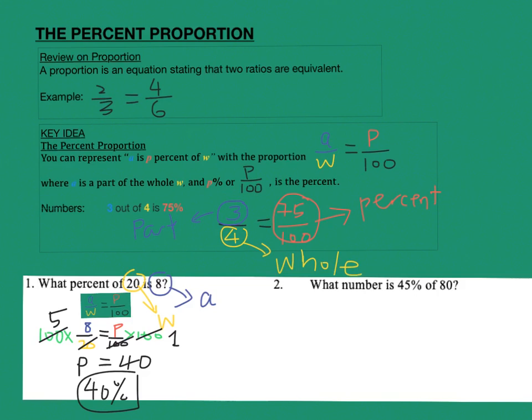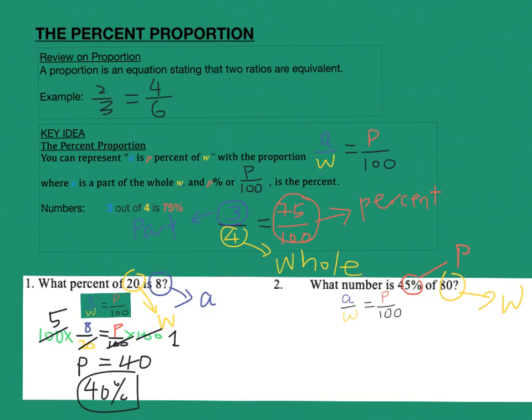In example 2, what number is 45% of 80? We will first write the percent proportion. A over W is equal to P over 100. And now you have to identify which is A, which is W, and which is P. So 45 is our P, that's the percent, and 80 is your whole.